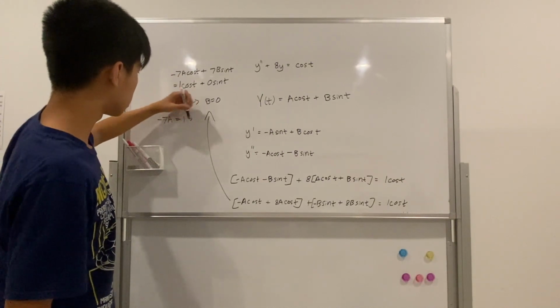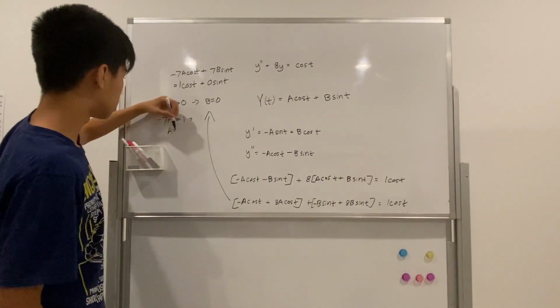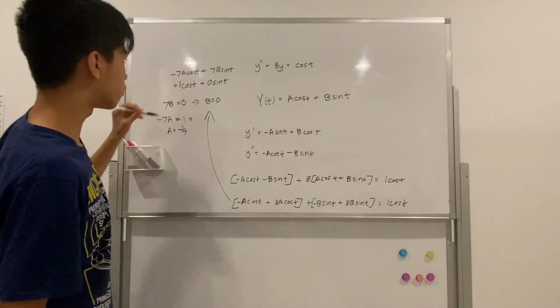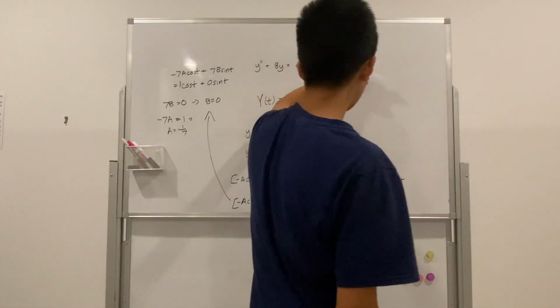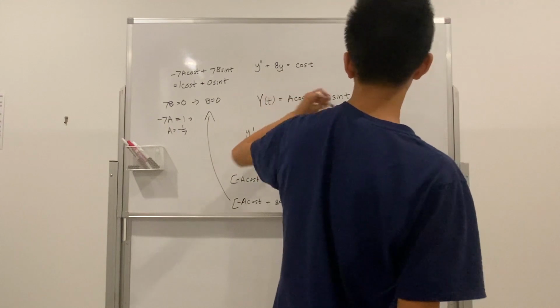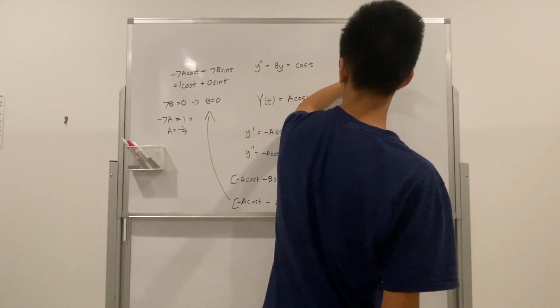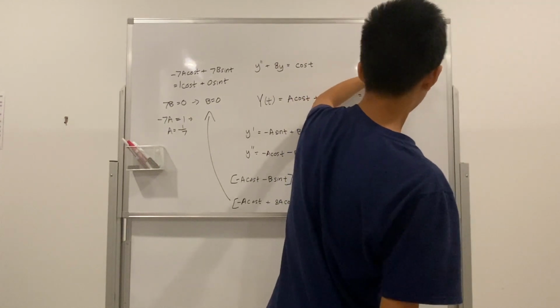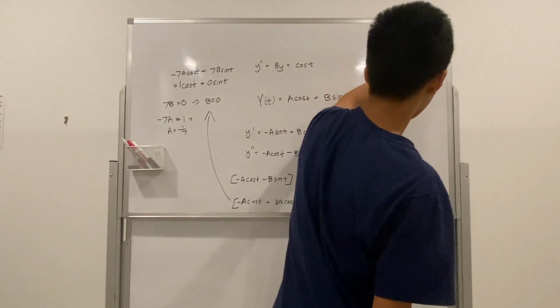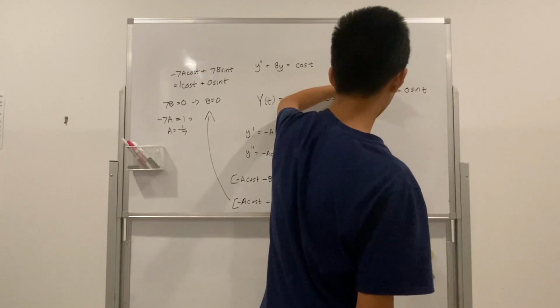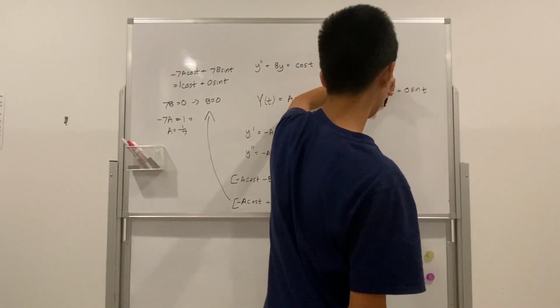So a is equal to 1/7. Therefore, our solution by plugging in our coefficients for the test functions is 1/7 cosine of t plus 0 sine of t. So that just goes out. So we're just left with 1/7 cosine of t.